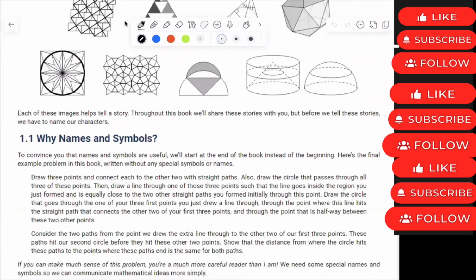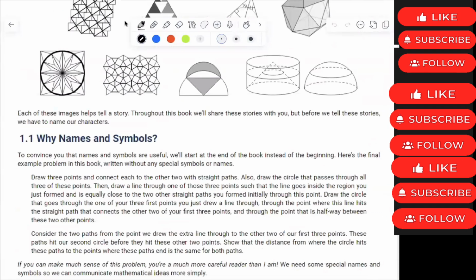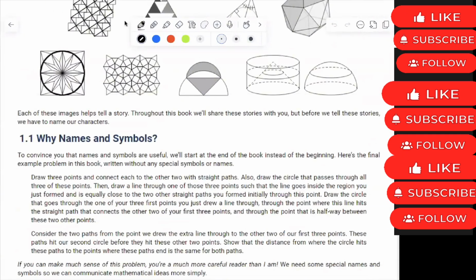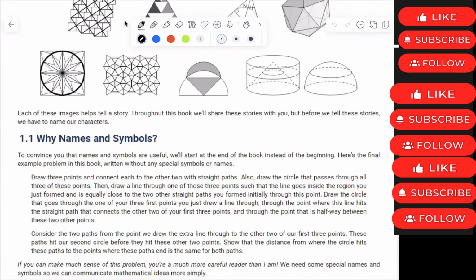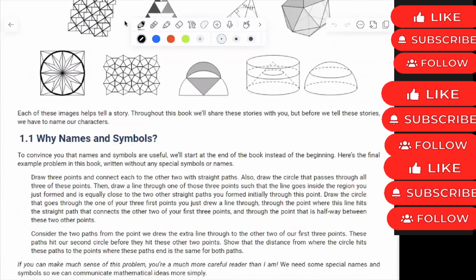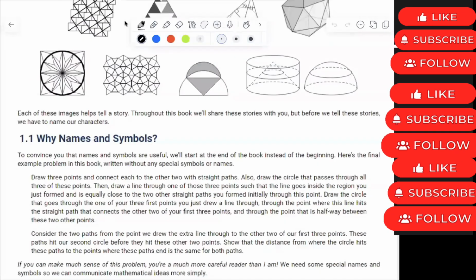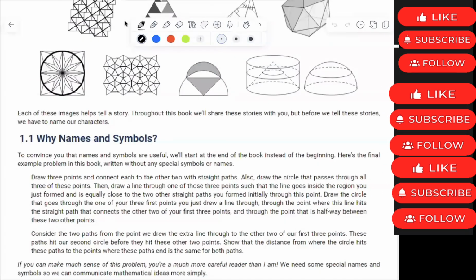Draw 3 points and connect each to the other two with straight paths. Also, draw the circle that passes through all three of these points. Then draw a line through one of these 3 points such that the line goes inside the region you just formed and is equally close to the two other straight paths you formed initially.